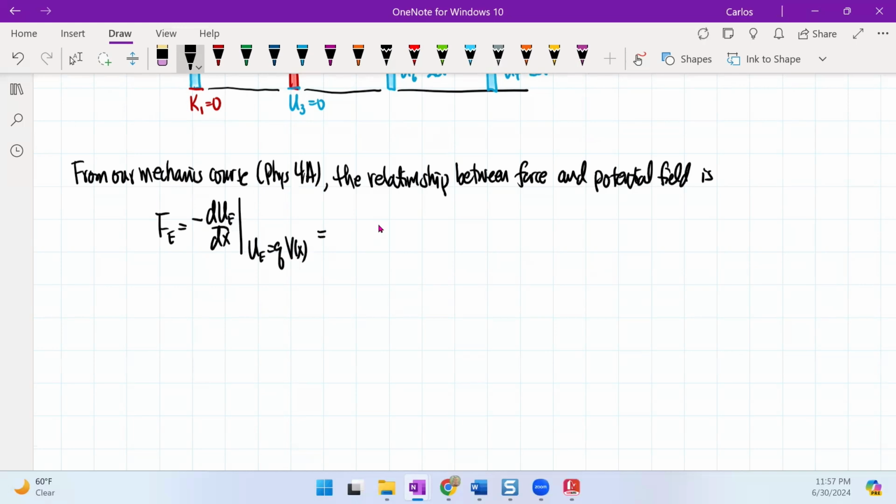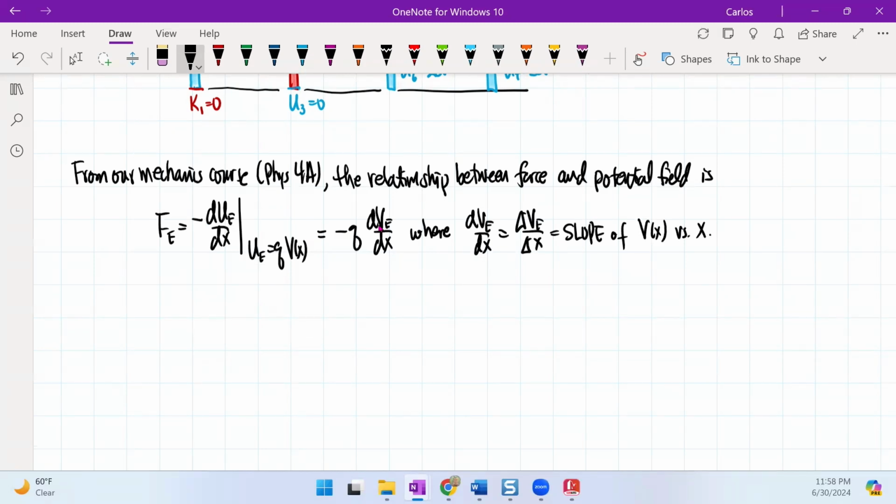So if I write this out, this is really minus Q dV/dx, where dV/dx can also be interpreted as the slope of V of x versus x. And note, we calculated those already. We needed those slopes.